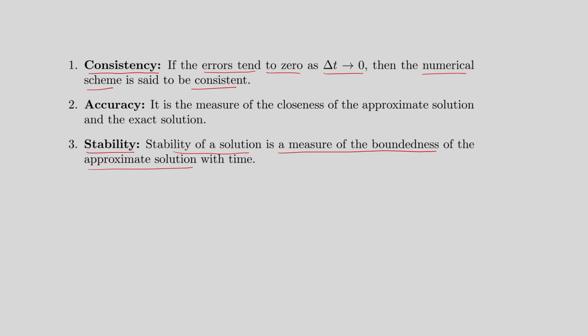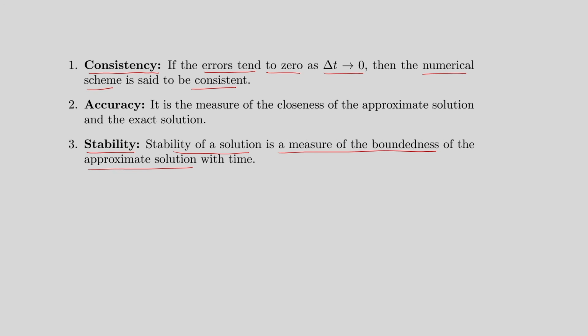But if there is a limit on delta t, suppose your numerical scheme says that you cannot increase delta t beyond 0.2, it means that when your time step is less than 0.2, your approximate solution remains bounded. But if your time step increases beyond that, your solution will blow up and will not be bounded.